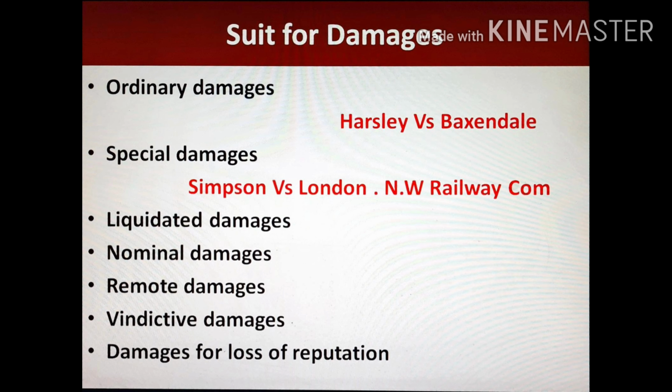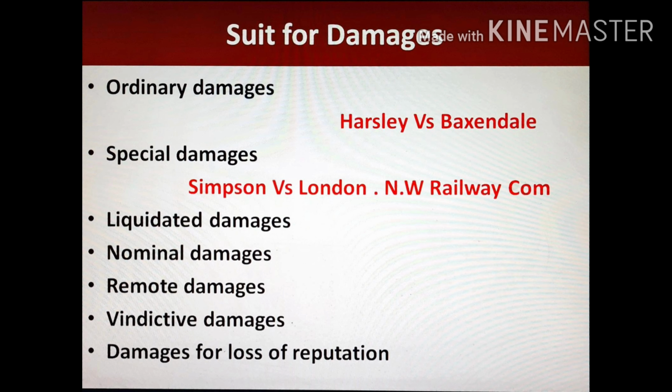Next we have damages for loss of reputation. You often read the news in papers, defamation suit, isn't it? So a defamation suit is nothing but we file a suit in the court that someone's action has defamed your goodwill, has defamed your name or your company's name or your brand's name, whatever it is. So the quantum of compensation claimed in such cases would be very humongous.